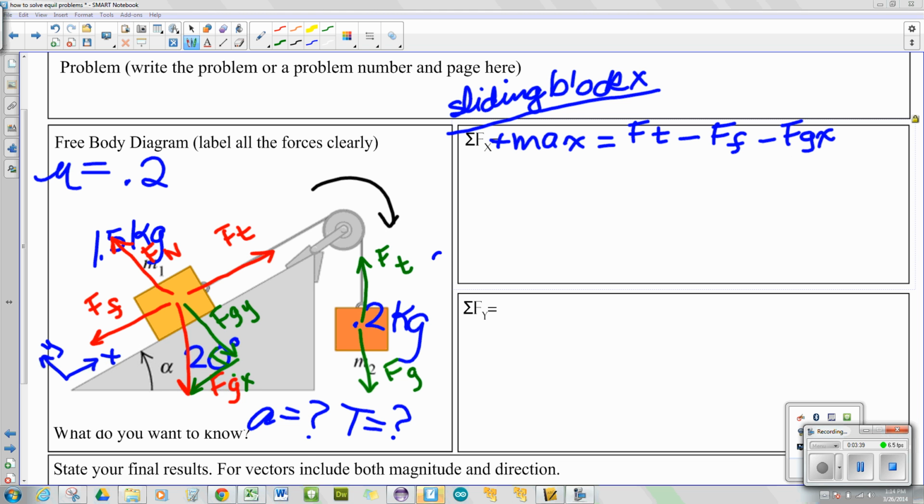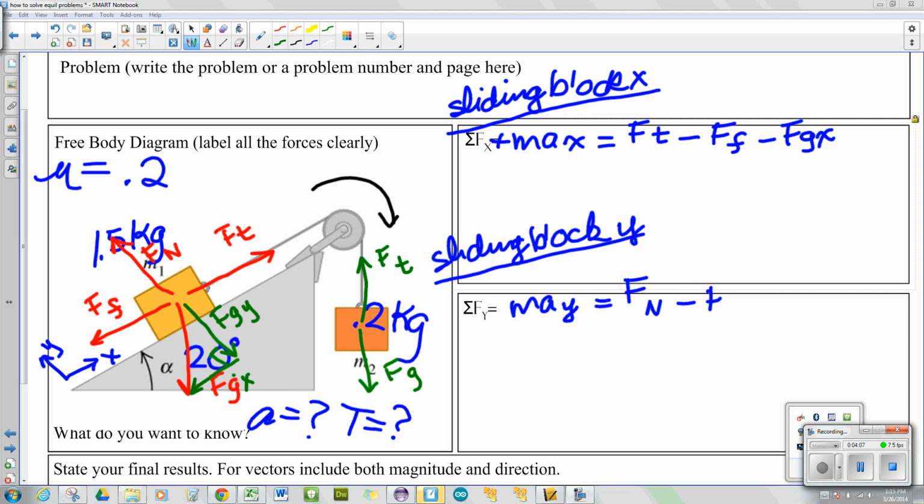Then, sliding block in the Y, also this block over here, I will have may equals, up is Fn, minus down is Fgy, this component of gravity.